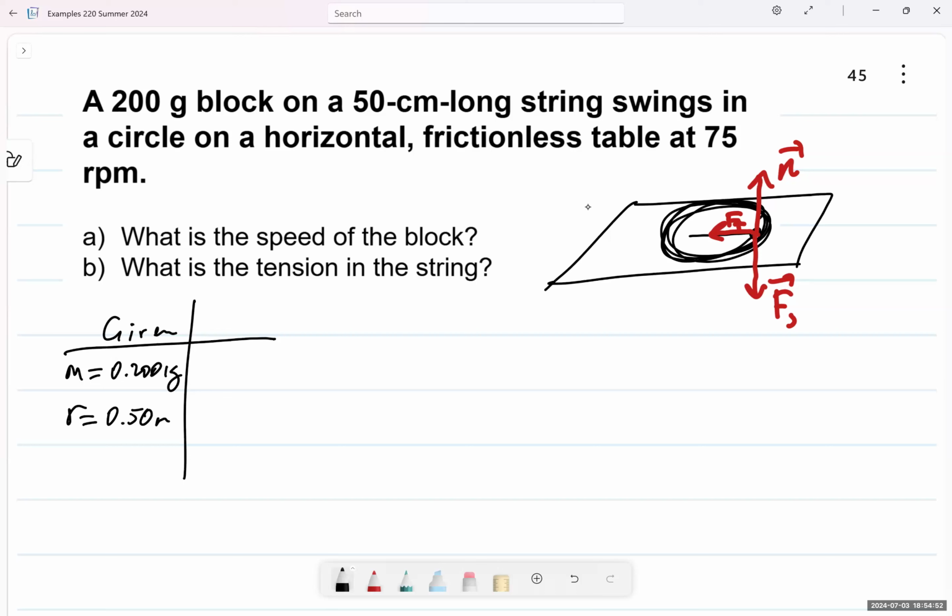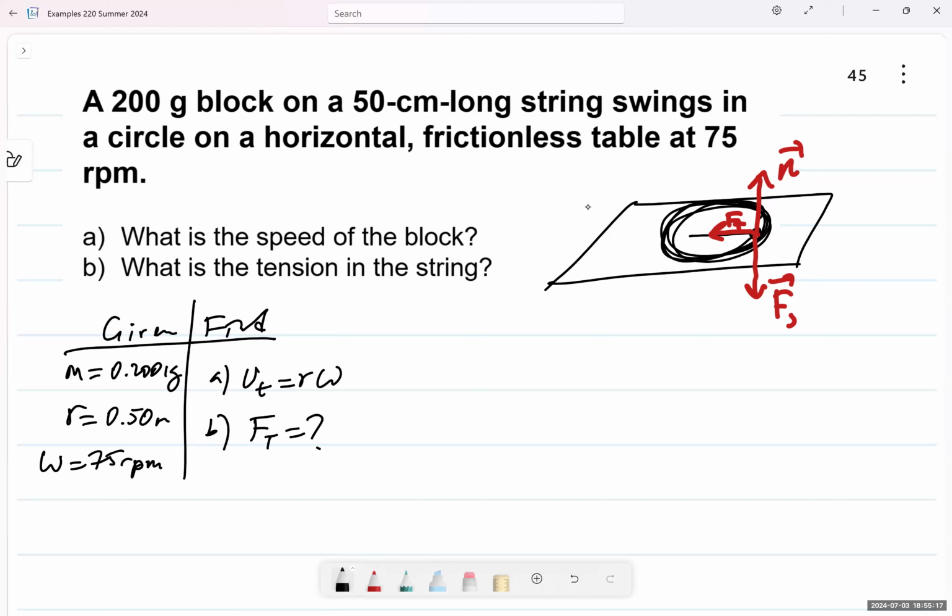And we're told that it's going around at the rate of 75 RPM, and if you remember, that's omega. What we want to find is the speed, which means the tangential speed, which is basically r times omega. Part B is asking for the tension in the string, so what is F of t, basically.